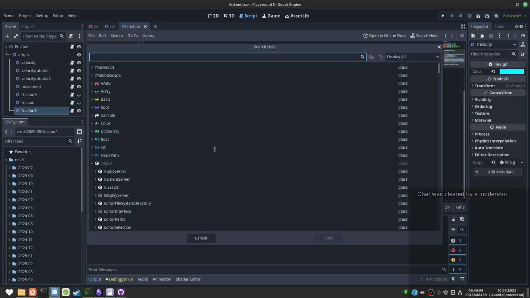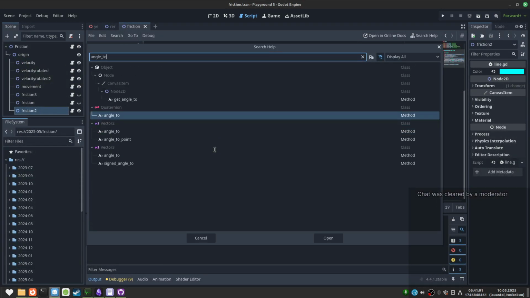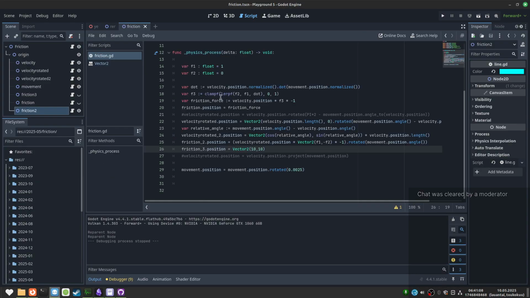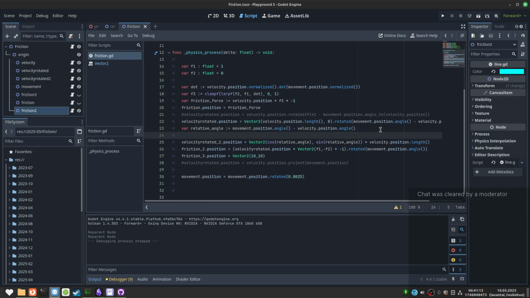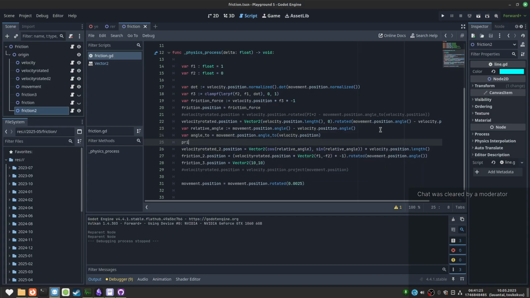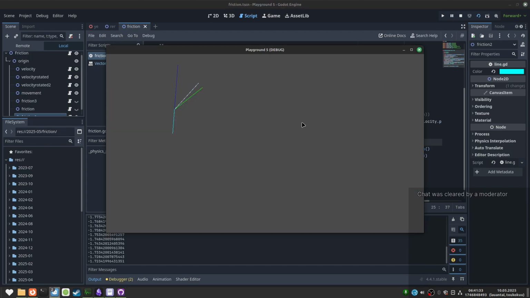I guess we also have angle too. See if this outputs 0.